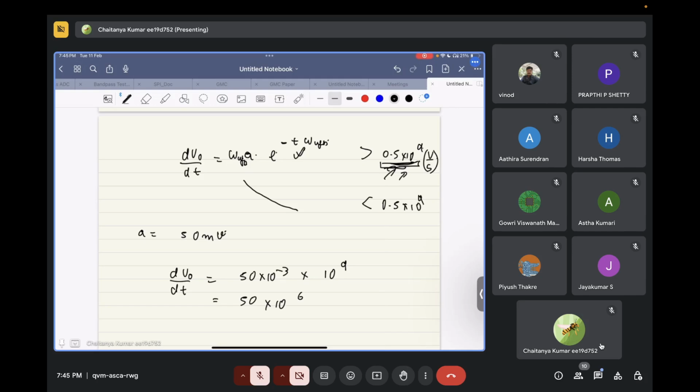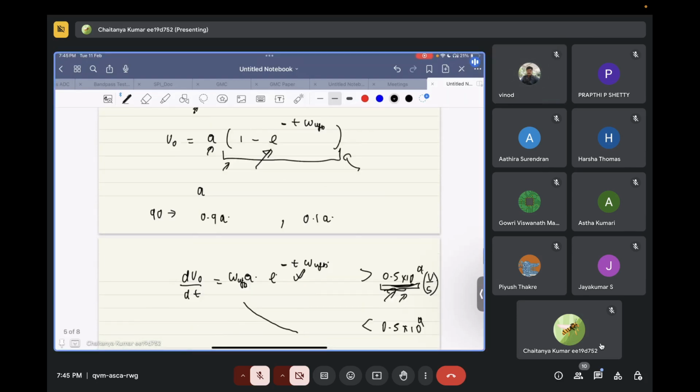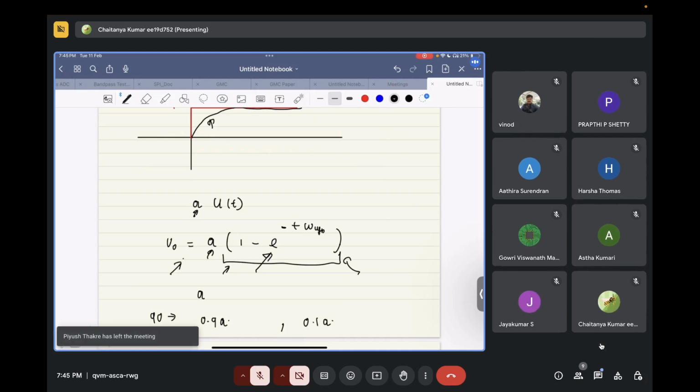Is this clear? Okay, so that means your rise time, the output voltage, will be governed by this equation only. If the maximum rate of change is also lesser than the slew rate given, then the output voltage will be governed by this equation only.